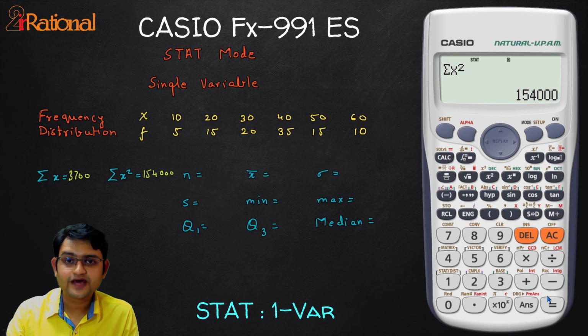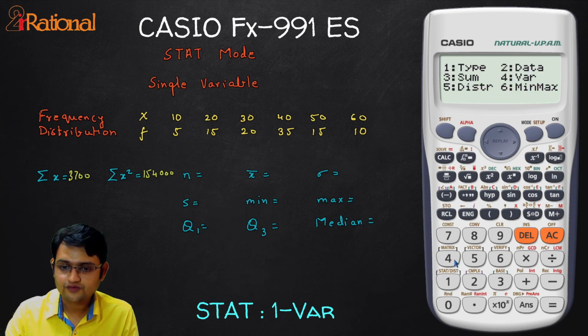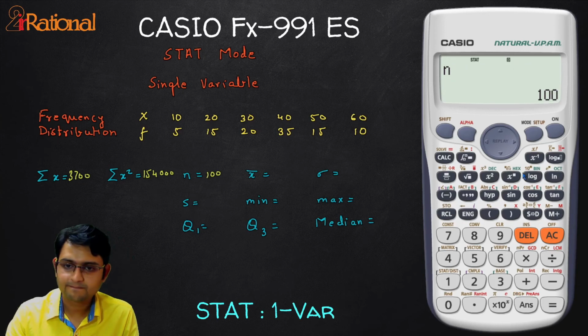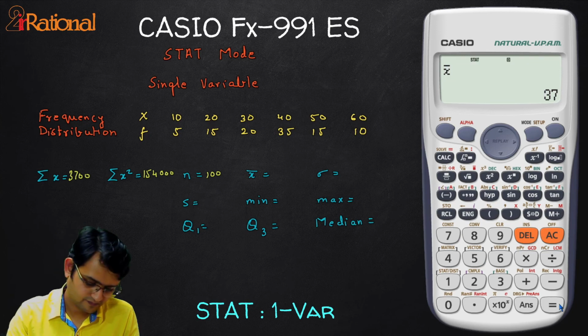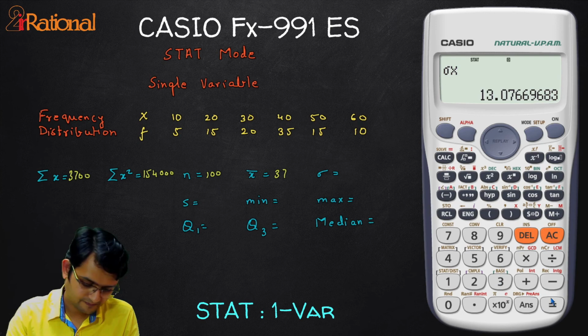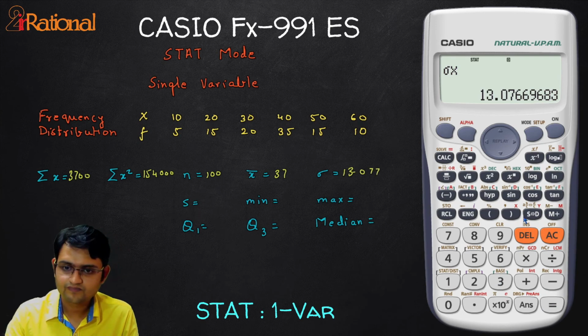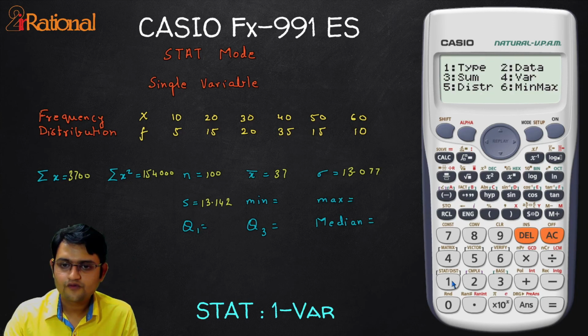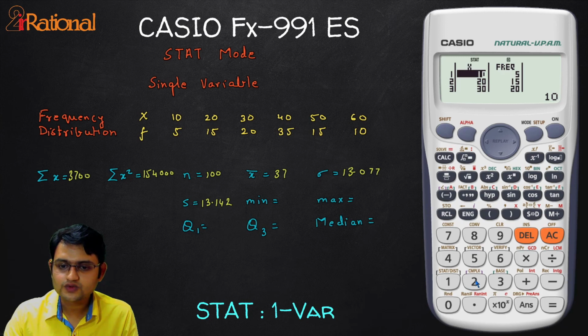For n, x bar, sigma and s, we'll go to 4, we have the same options. Then for minimum, maximum and all the quartile values.